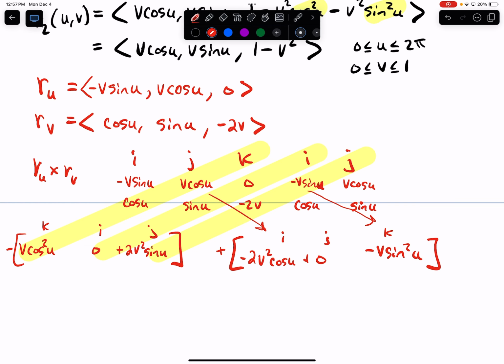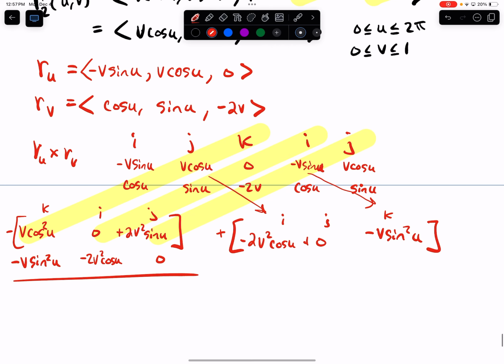All right. So minus v sine squared u. The i is minus 2v squared cosine u. And j is 0. So minus v, and then sine squared and cosine squared make positive 1. Then minus 2, so that's for my k component. Then minus 2v squared cosine u for the i. And then 2v squared sine u for the j.